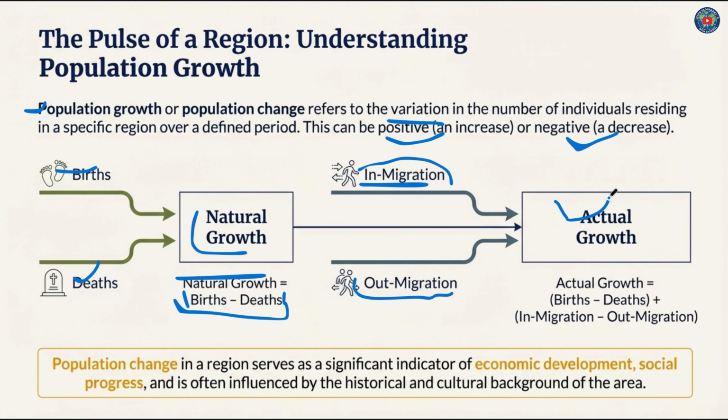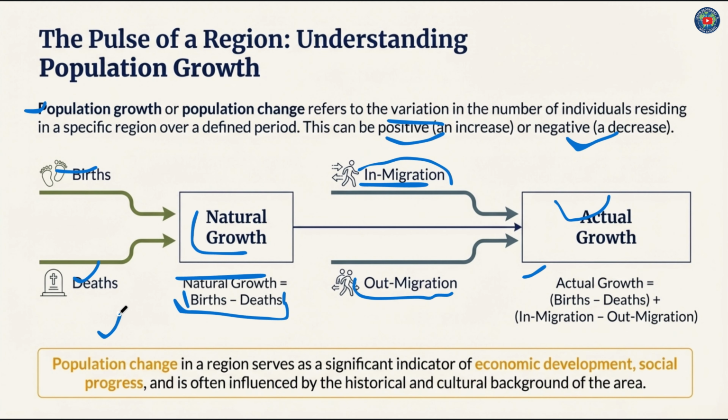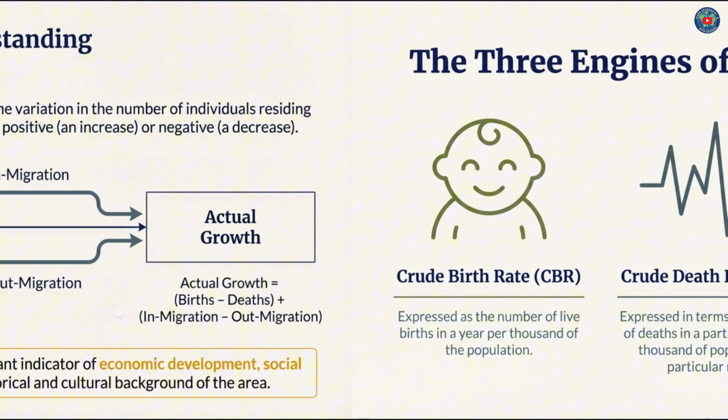Now, actual growth is equal to births minus deaths plus in-migration minus out-migration. That is, the number of births minus the number of deaths, plus the in-migrating, that is incoming, population, minus the out-migrating population. Population change in a region serves as a significant indicator of economic development and social progress, and is often influenced by the historical and cultural background of the area.